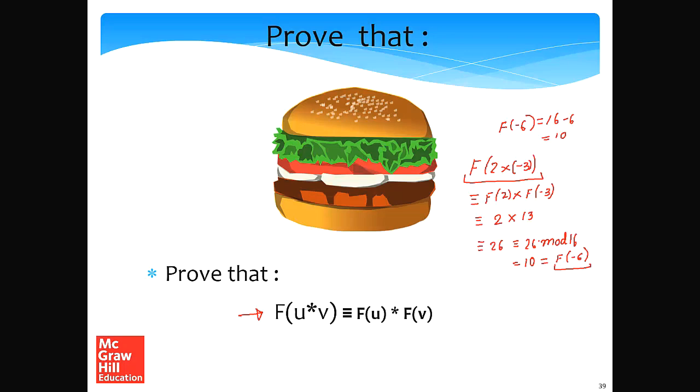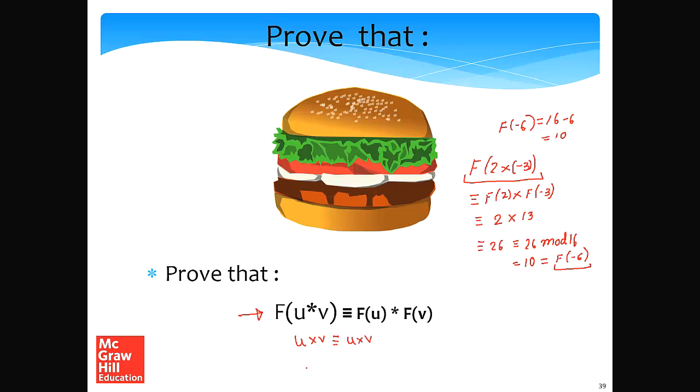So now the question is that we want to prove this result for any arbitrary u and v. So let me prove some of the subcases, and some cases I will leave as an exercise to the reader. Consider u and v both are positive. If both are positive, then we have f of u times v is just u times v. Of course, when there are no overflows, we'll discuss that later, multiplied by u times v, which is trivially true.